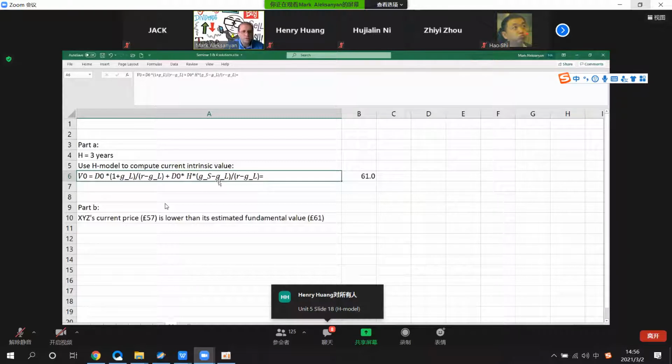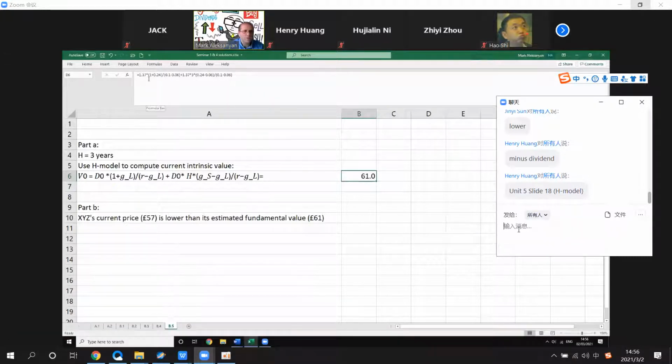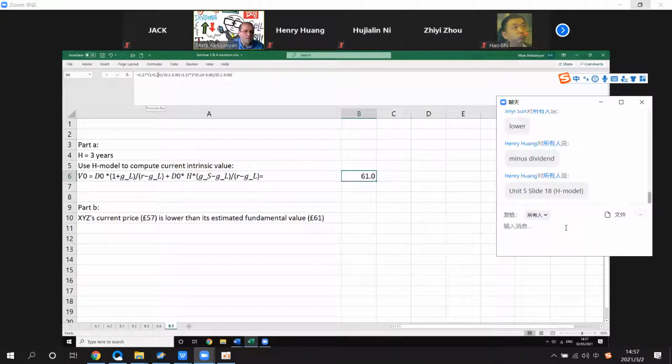So all we need to do is just plug into this formula the values of each of these parameters. If we look at the calculation here, D1 is 1.37 times 1 plus this growth rate, that is our starting growth rate, the high growth rate. Sorry, I'm just looking. Have I made a mistake here in the formula?